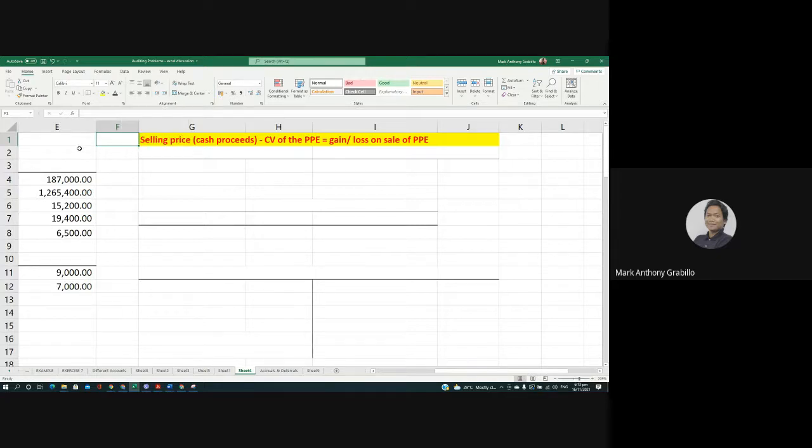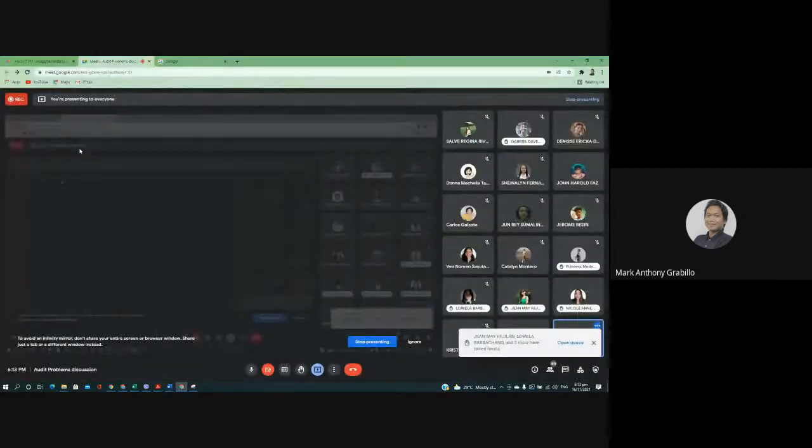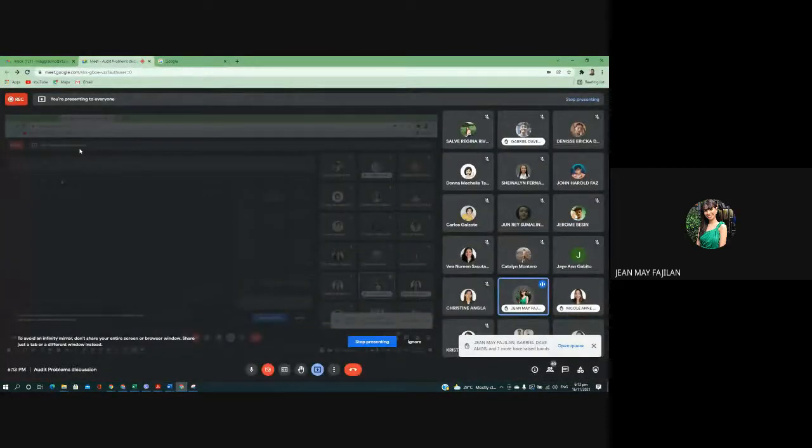Kapag mataas po yung selling price ng equipment na nabenta natin kaysa po sa carrying amount po ng equipment. That's correct.